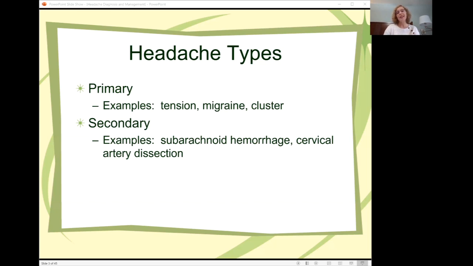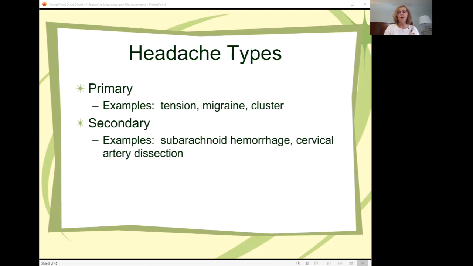Secondary headaches are not nearly as common, but they have the potential to be very serious. They may have an underlying cause such as a mass, a hemorrhage, or an aneurysm, and they do need additional workup. Whenever you have a new onset headache, you always want to rule out a secondary headache.